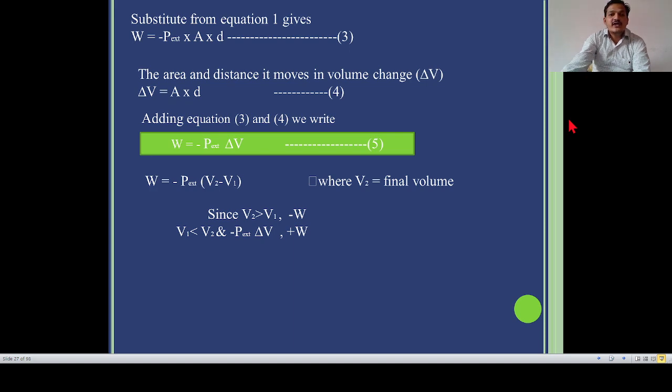If V1 is greater than V2, then Pex delta V is negative, so W is positive. Here we have to clearly indicate W is negative in the expansion case and W is positive in the compression case.